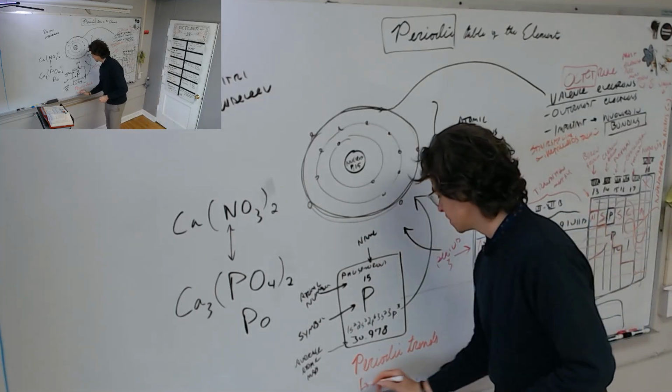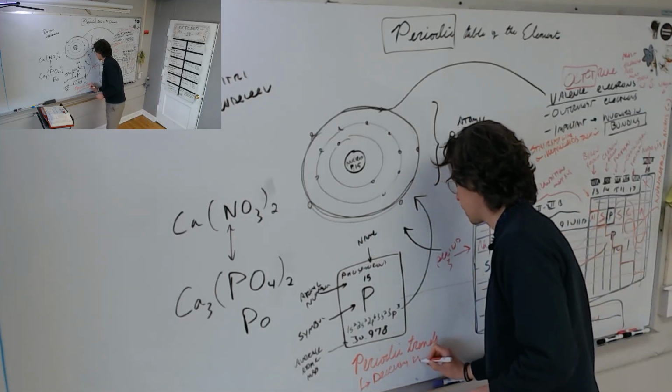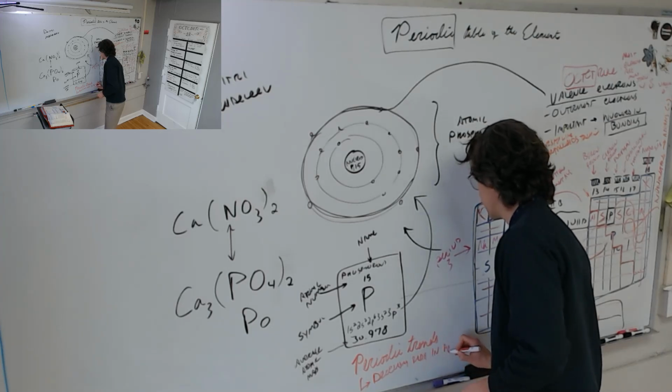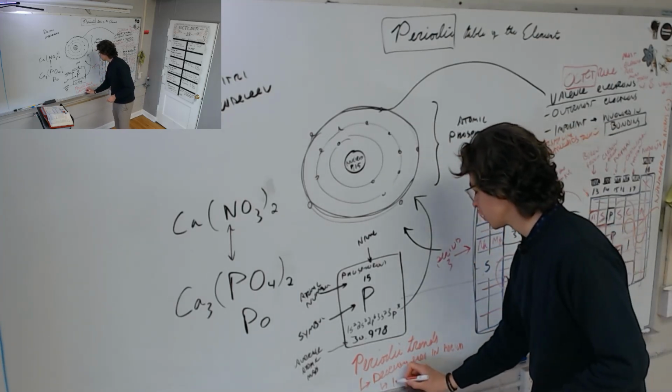So decreasing radii in a period. And as we go down a group, though, there's an increase of atomic radii.